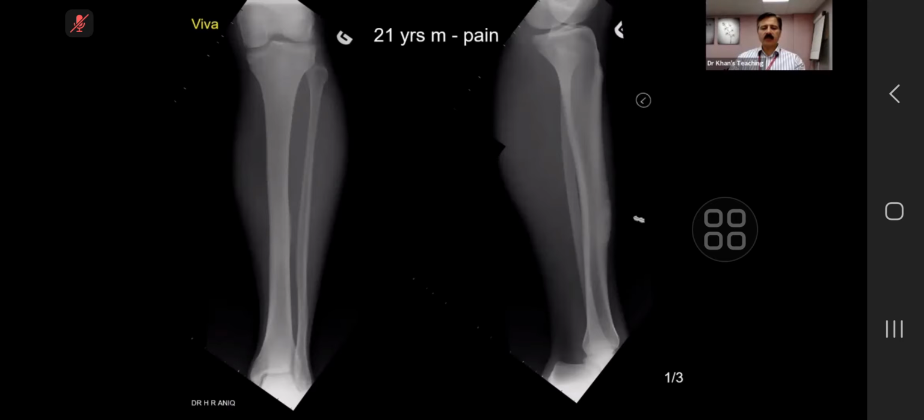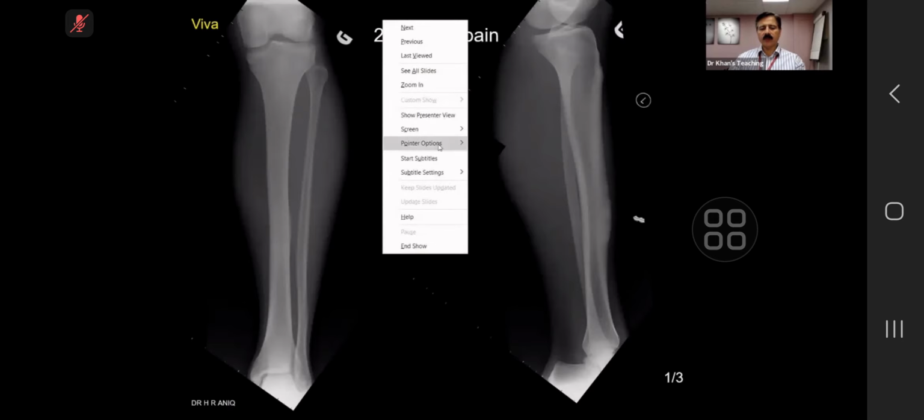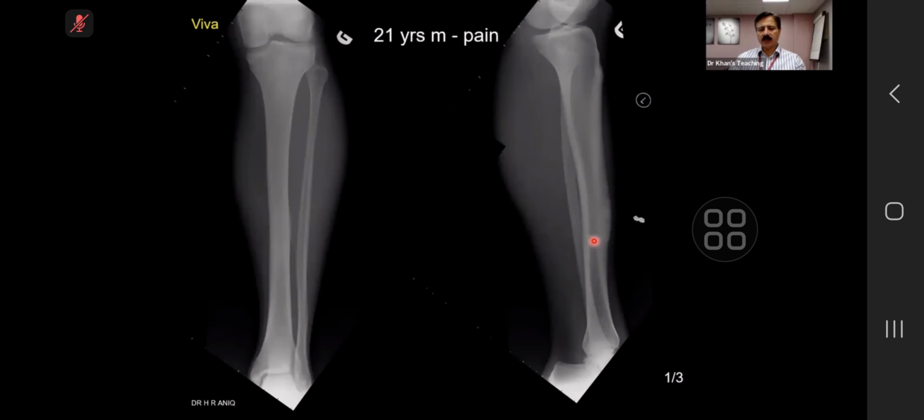That's fine. And I'm sure in the exam you will be able to zoom. You are handicapped because I'm showing you in a PowerPoint manner. So you have picked up cortical thickening here. And do you see anything within the cortical thickening?